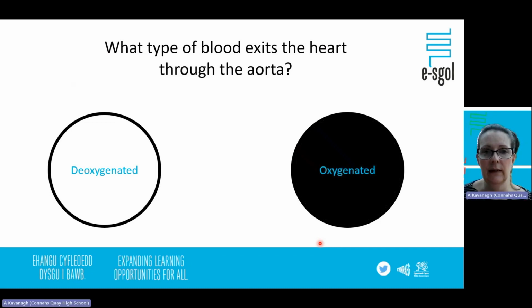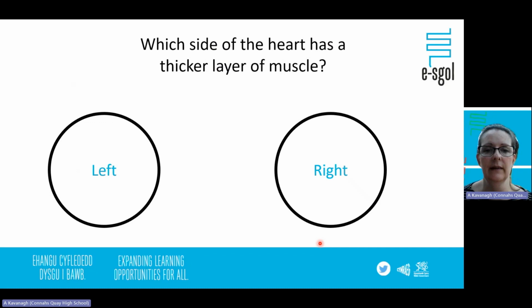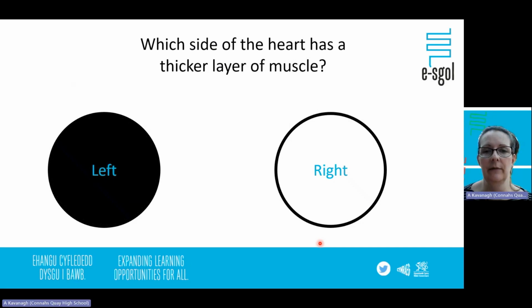And it's oxygenated. Very good if you got that. Which side of the heart has a thicker layer of muscle? Is it the left side or the right side? It is the left side of the heart, approximately 3 times thicker than the right side, because it's pumping blood around the body, whereas the right side isn't as thick because it's pumping blood to the lungs.